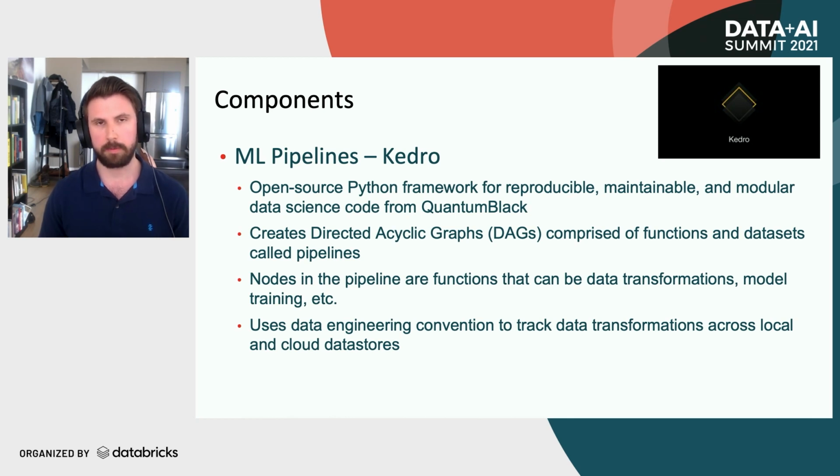Really, the core idea behind Kedro is that it creates directed acyclic graphs, which are comprised of functions and data sets, and which are connected together to create a pipeline that can be executed in one process. So nodes in the graph are the functions that drive the pipeline. Data transformations, model training, feature engineering or selection are examples of node functions that we might be using.